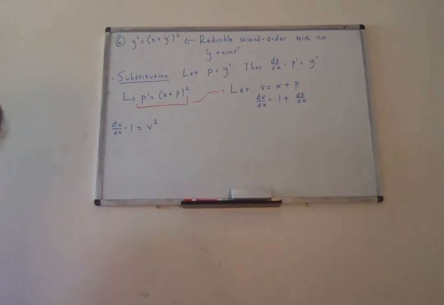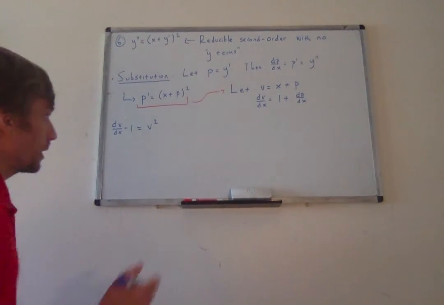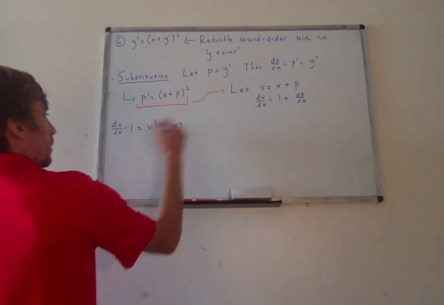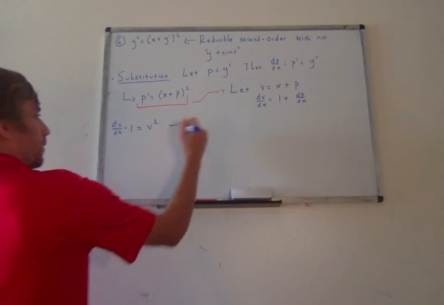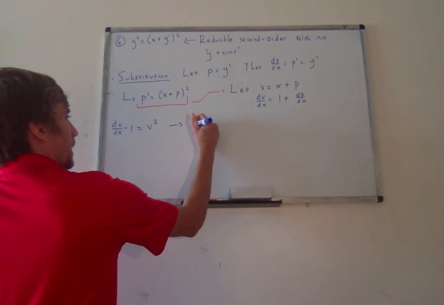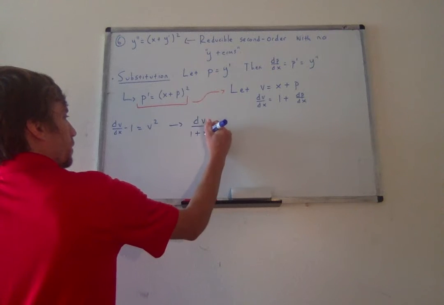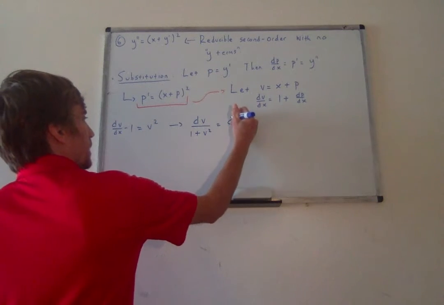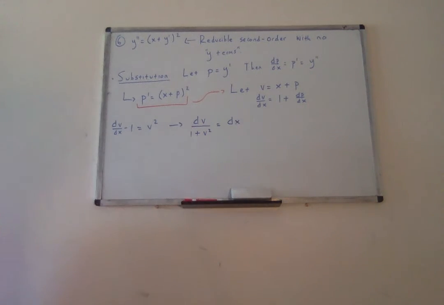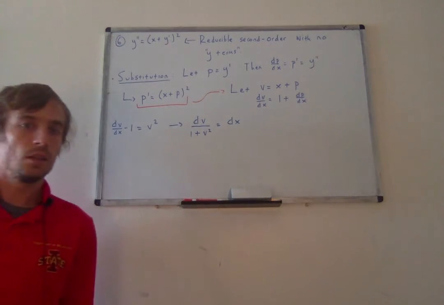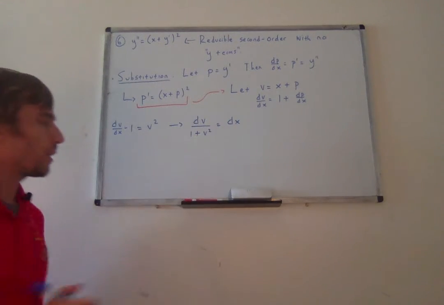So now this is just a separable differential equation. What we can do is add 1, divide, and we get that dv over 1 plus v squared is equal to dx. Well, now we just integrate.